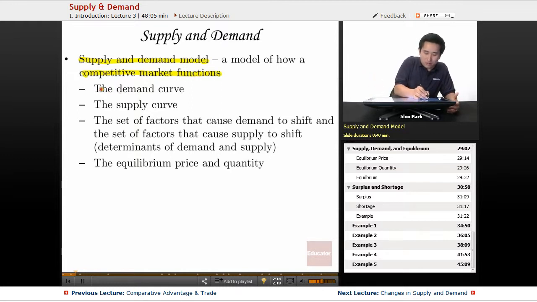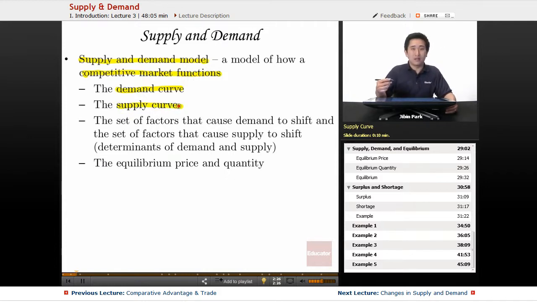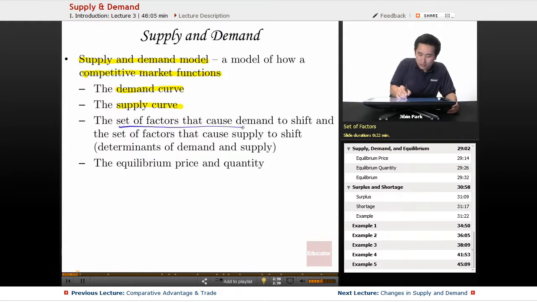So what are the aspects of this supply and demand model? Well, obviously you have the demand curve, which is downward sloping. And then you have the supply curve, which is upward sloping, because as prices get higher, there's more of an incentive to get more profit, right? In this competitive market, we're going to look at the set of factors that cause demand to shift, and the set of factors that cause the supply curve to shift.